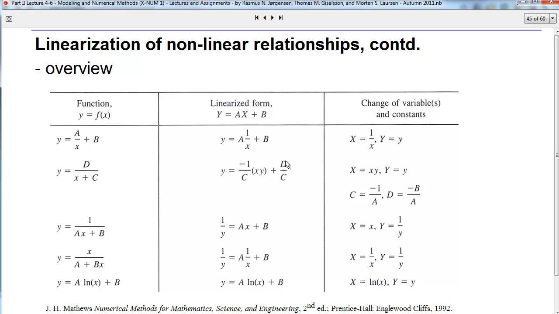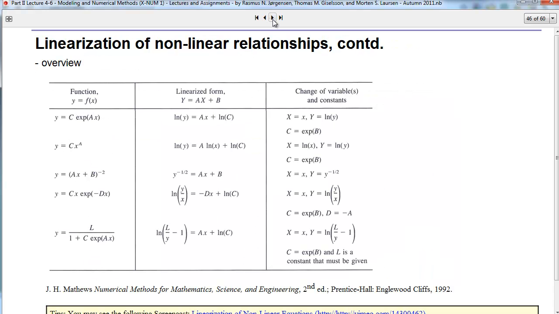And when you have that, by looking at the slope, you get this one, and then you get the intercept, which will be d divided by c, and so on. And here's the one you have to have a closer look at in the assignment. Else, read it yourself.